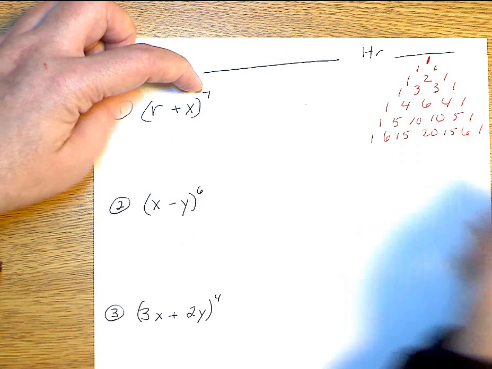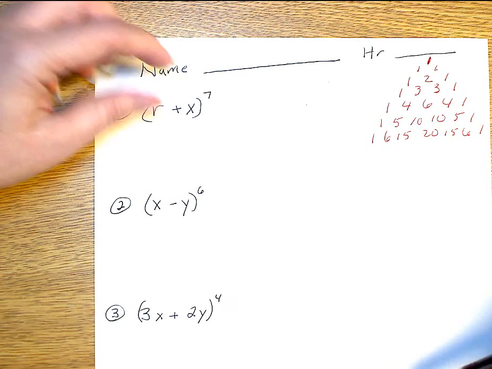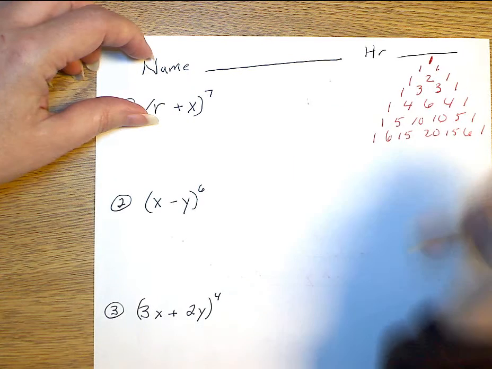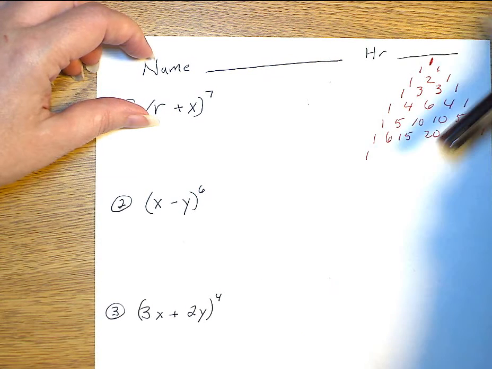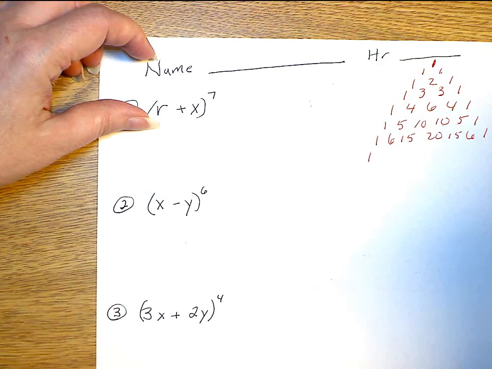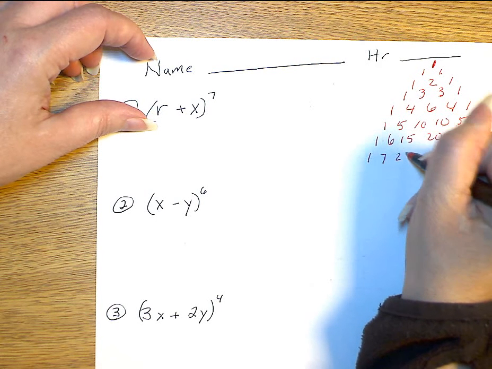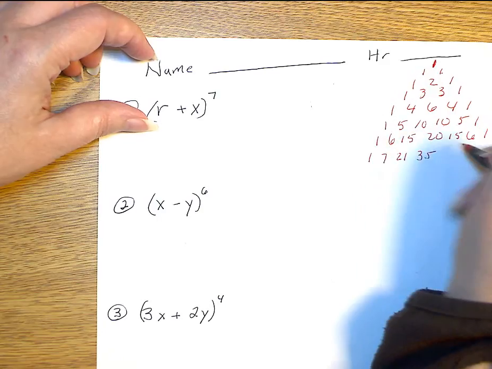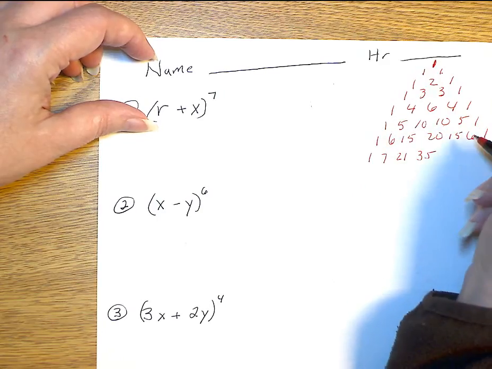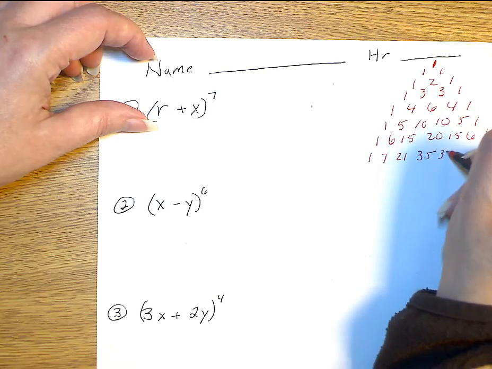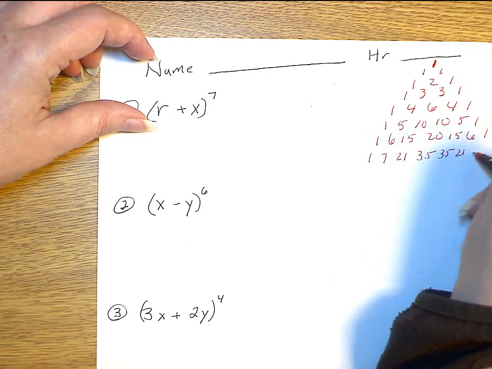And my last row, 1, 7, 21, 35, 35, 21, 7, and 1.